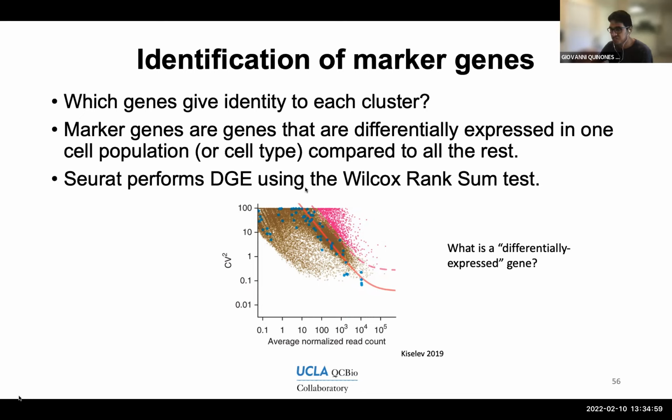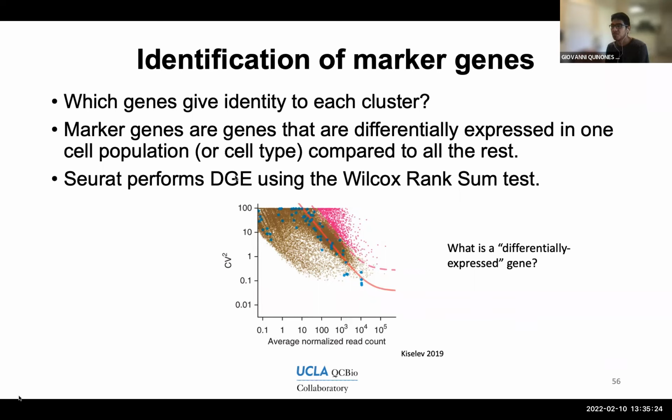Now, differential gene expression is a pretty broad topic also, so it's statistically challenging to say for sure that a certain gene is expressed differentially across two conditions or, in this case, cell populations.